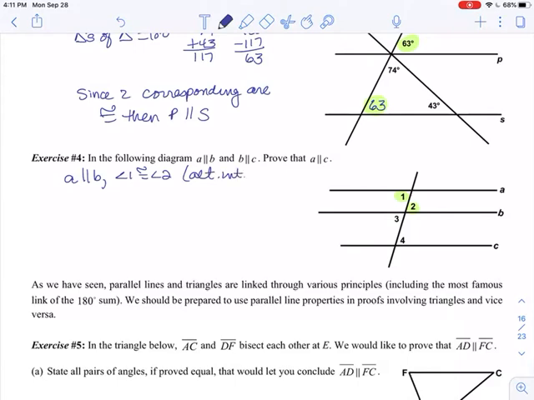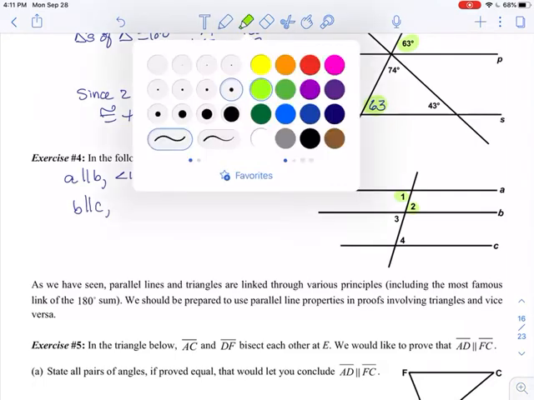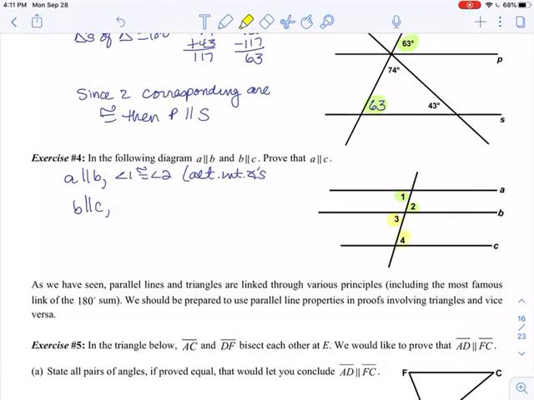Angle 1 is congruent to angle 2 because they are alternate interior angles. And if B is parallel to C, then angle 3 and angle 4 are congruent because those are alternate interior angles.